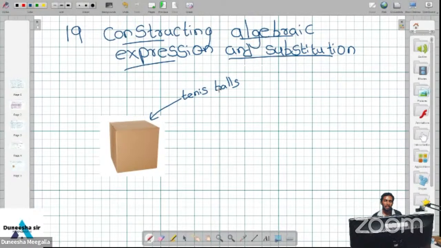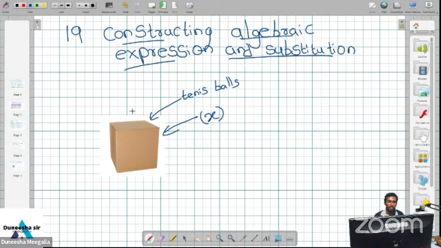This box included tennis balls, but we don't know how many tennis balls are included in it. Then for an unknown term, we can use any algebraic symbol. We can say it included x tennis balls in this box. How many tennis balls are in the box? x tennis balls.